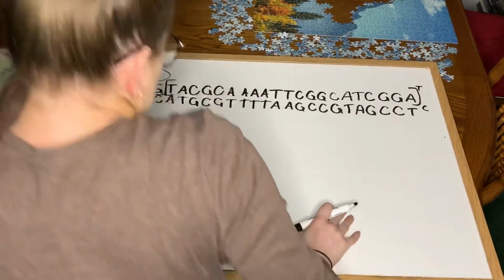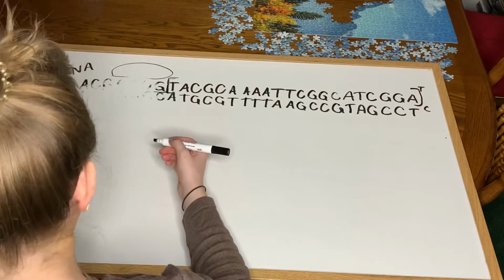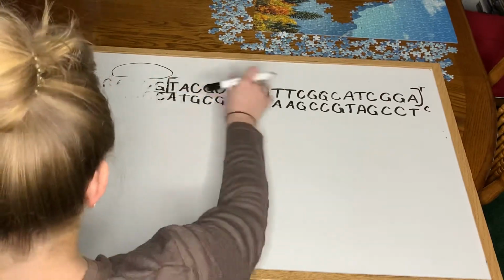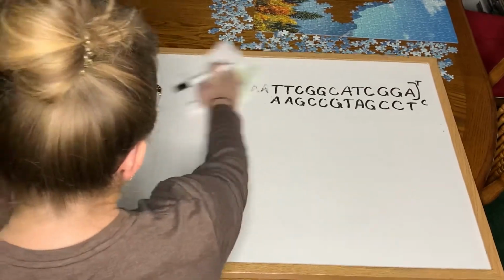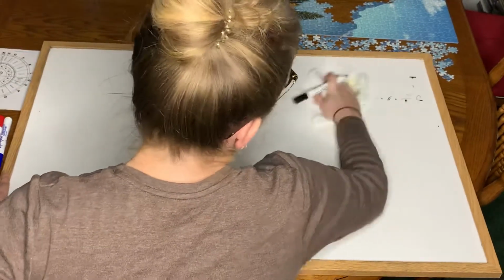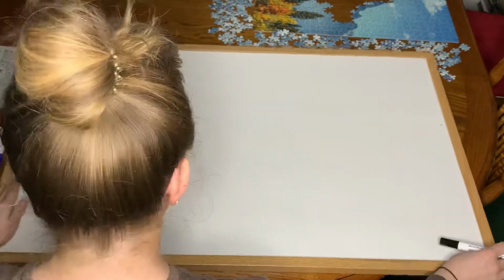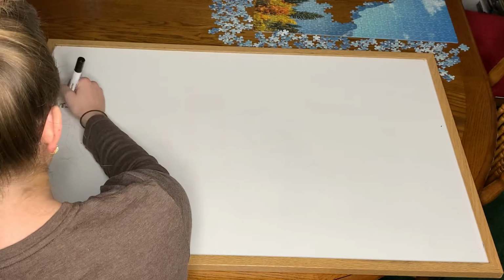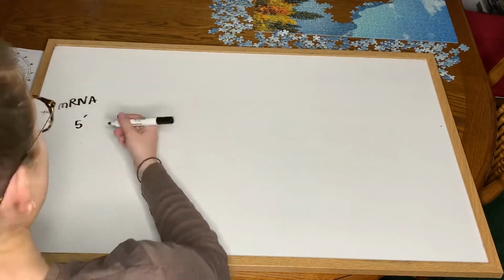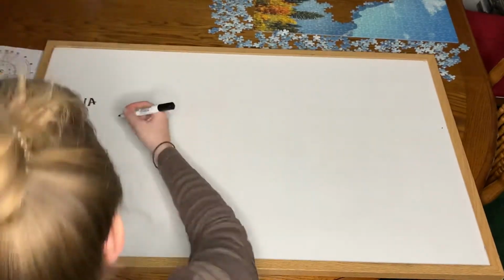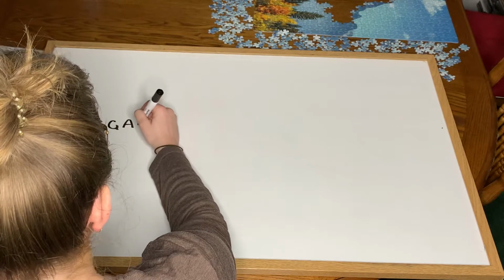So let's say that we have our, I'm going to ignore all this and start from a different mRNA sequence. So this is going to be my mRNA. Remember, it's going to have that 5' cap. And then I'm just going to do, again, a random string of letters.